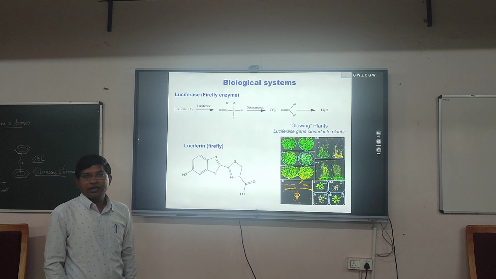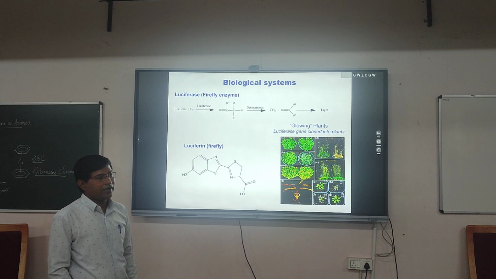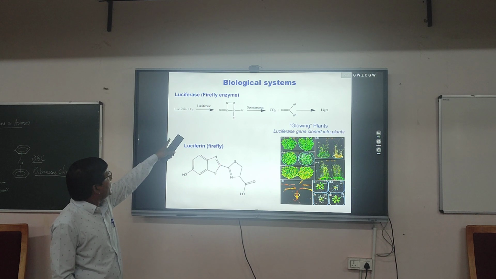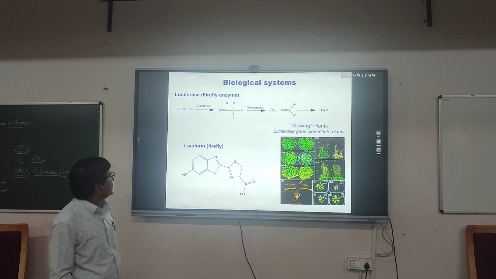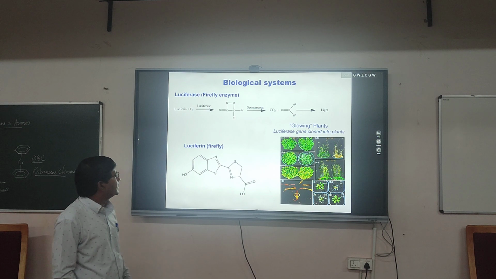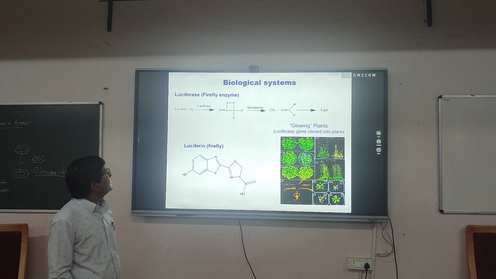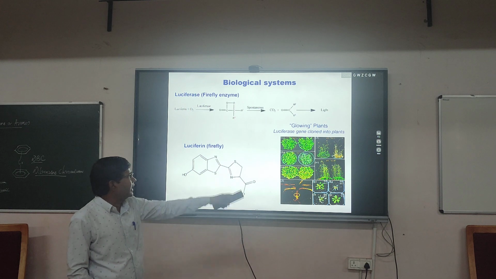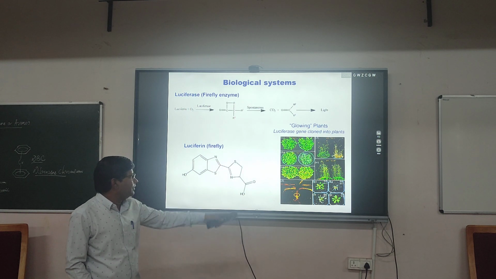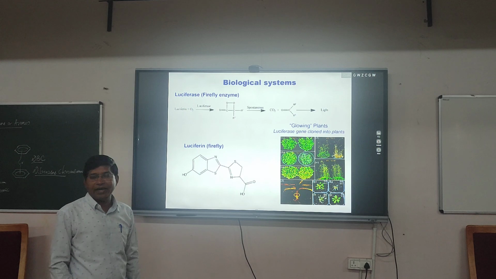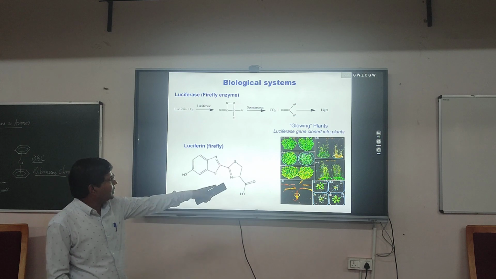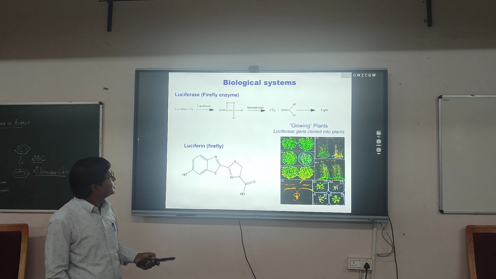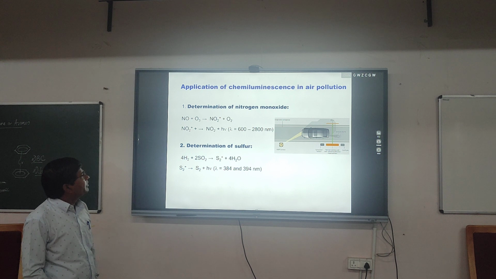We get the light from the firefly because the luciferase enzyme present in that insect gets oxidized, and while getting oxidized it gives luminescence light. This enzyme luciferase can be modified in plants, and you can see this type of luminescence from the plants. So these are the applications of chemiluminescence.